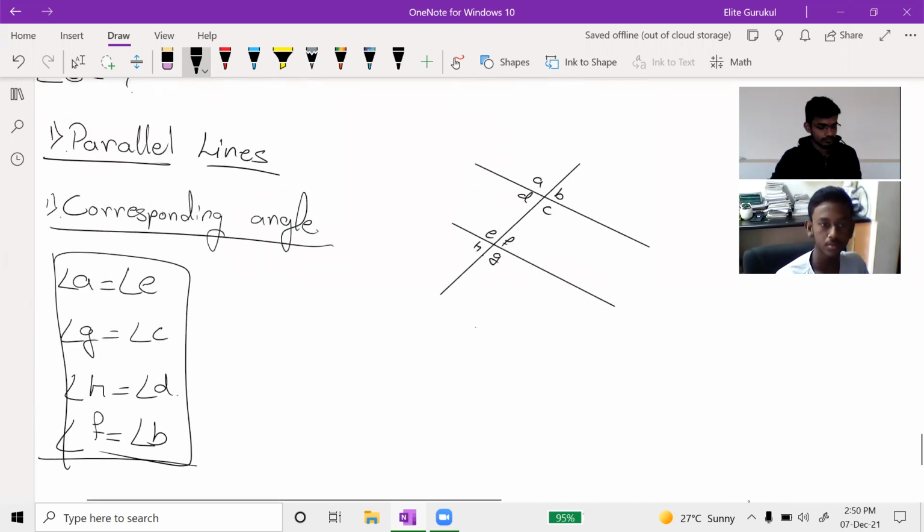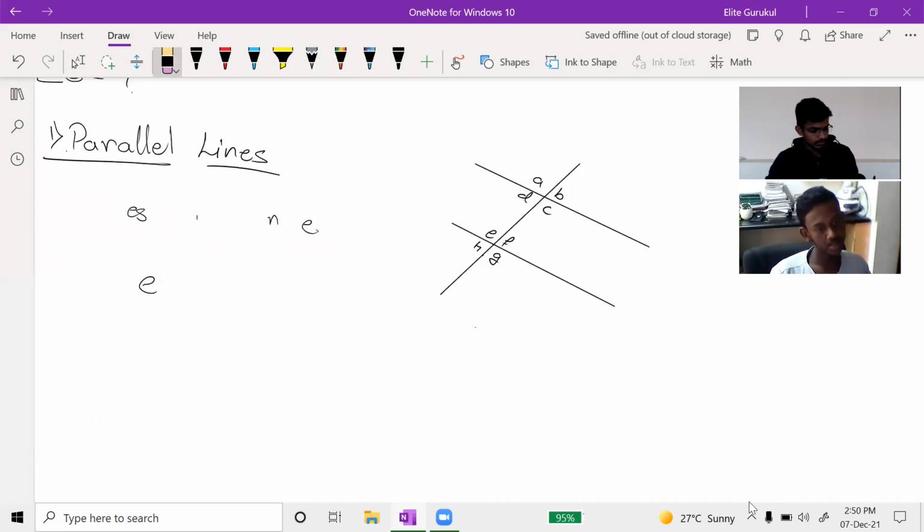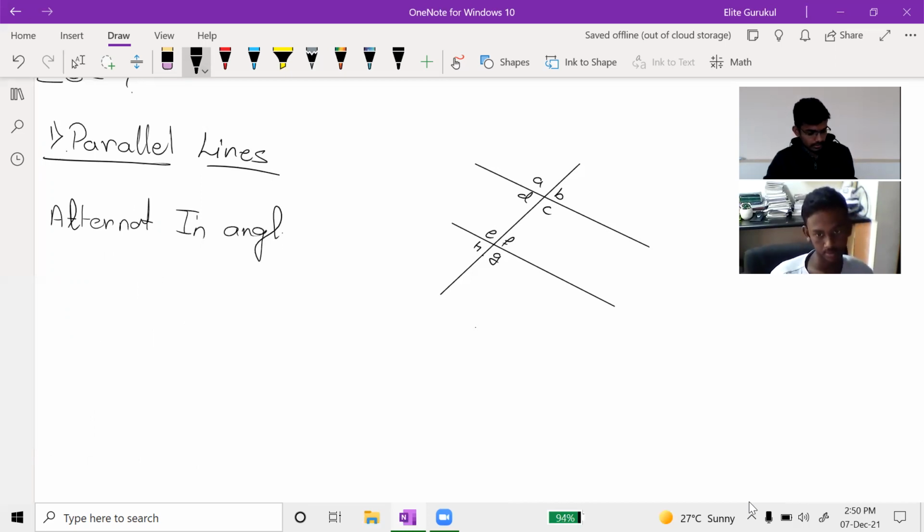Next we will see the alternate interior angles. Now tell me, which are the interior angles?